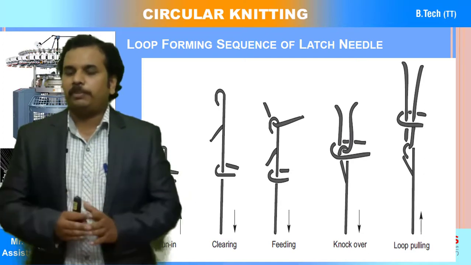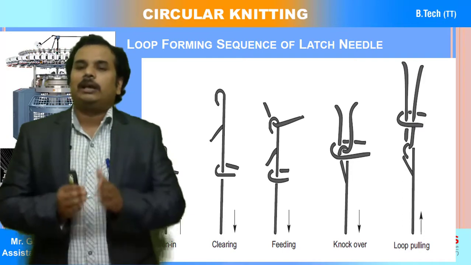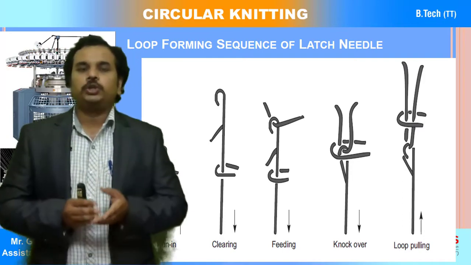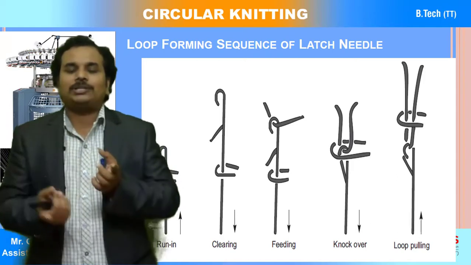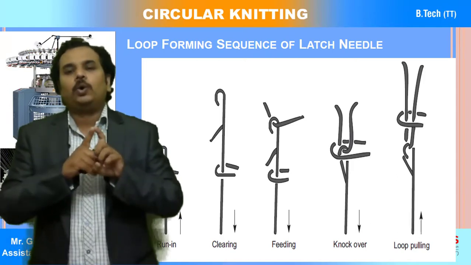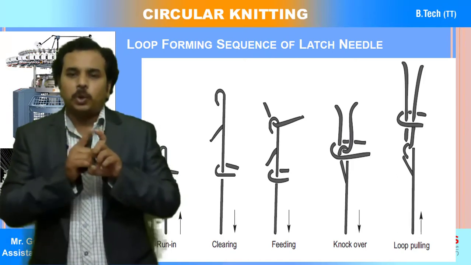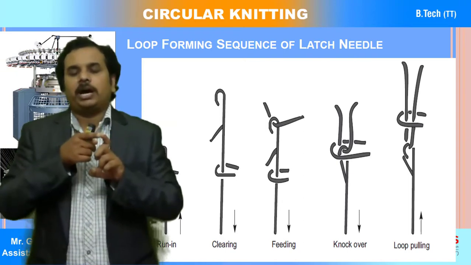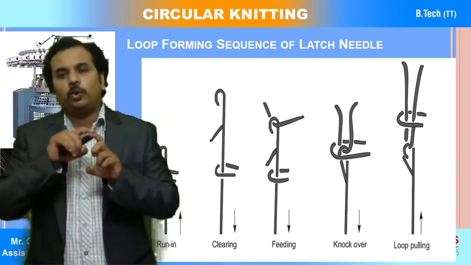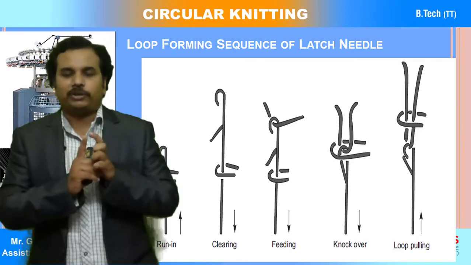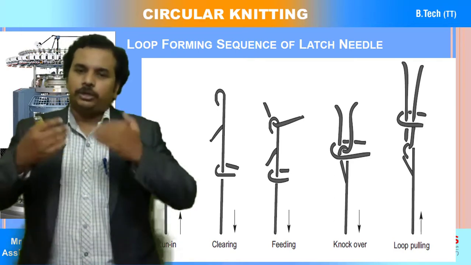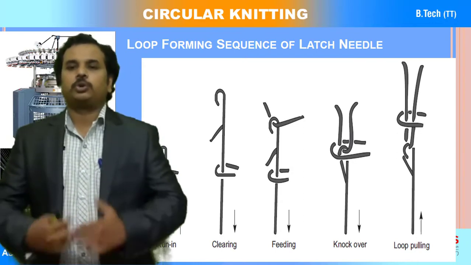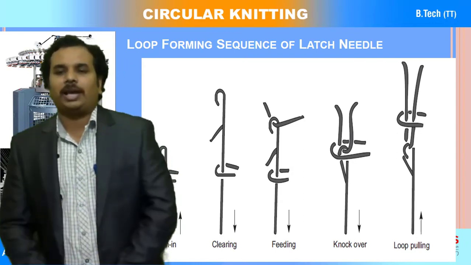Once again I am repeating, in the fourth stage, the whole loop is going to push backward the latch, so that the latch is going to close the hook part. Once it is closed, the newly fed yarn is trapped in between the hook part and the latch of the needle. Okay, then it goes on pulling, so that is loop pulling happening.